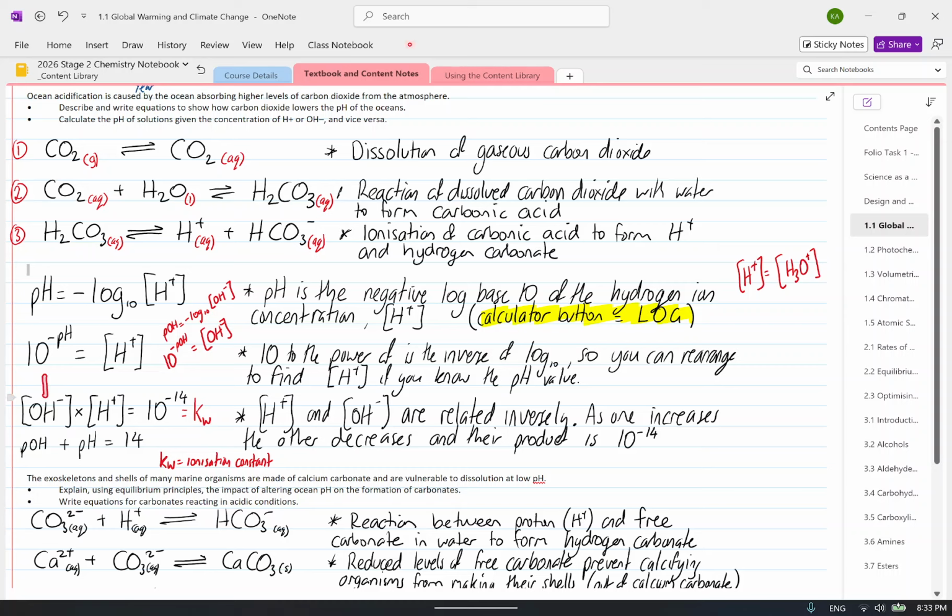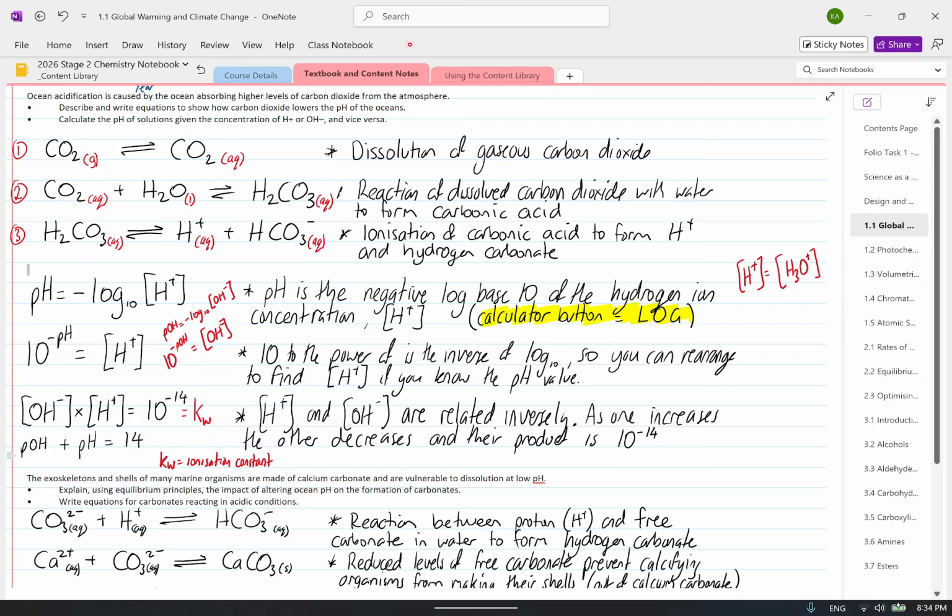Conversely, if you decrease one, you must increase the other to keep the product of these two values constant. That 10 to the power of negative 14, by the way, is referred to as Kw, our ionization constant of water. So in water, if you increase the H+, you will decrease the OH minus correspondingly.